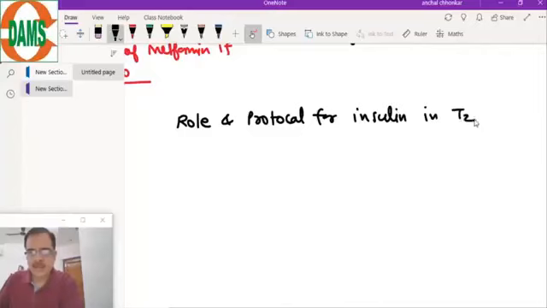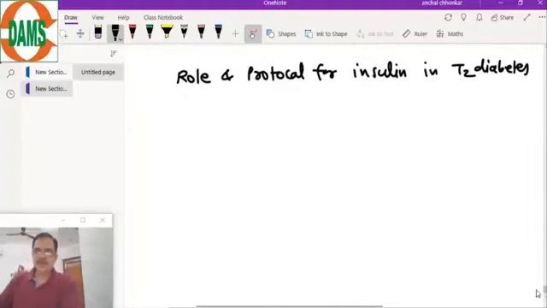Role and protocol for insulin in type 2 diabetes. So the indications of the insulin in type 2 diabetes.